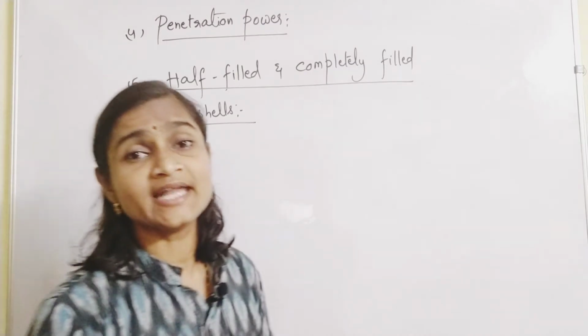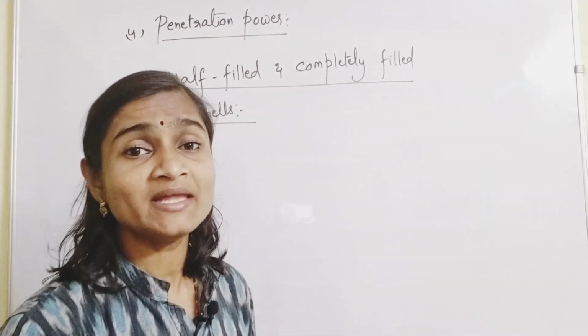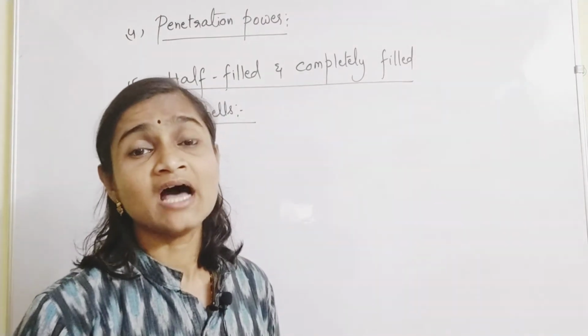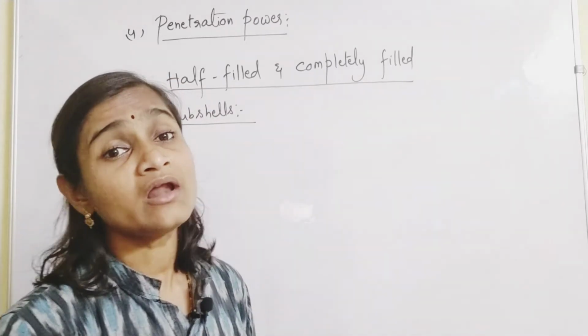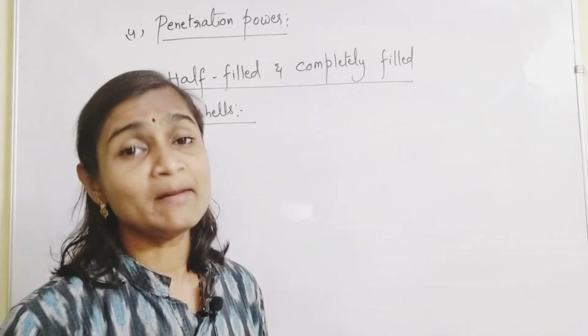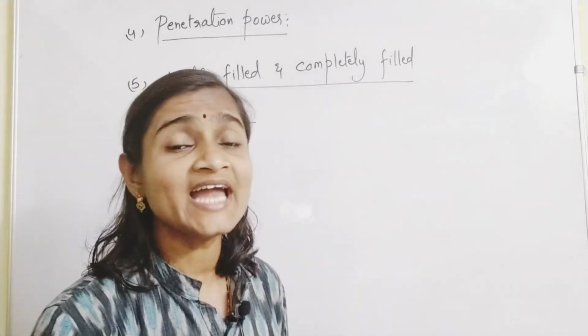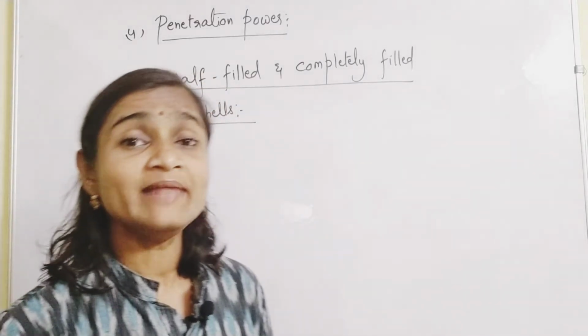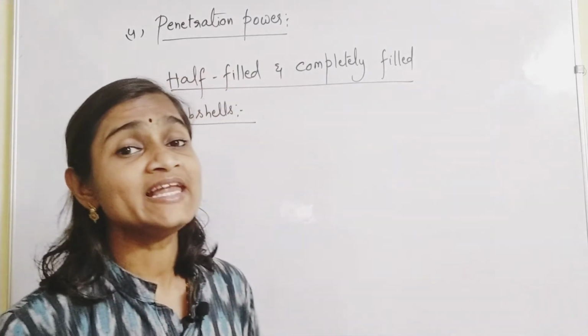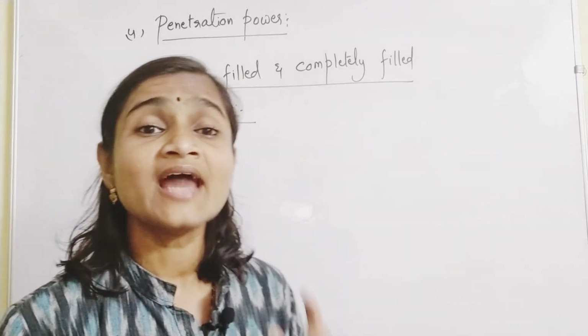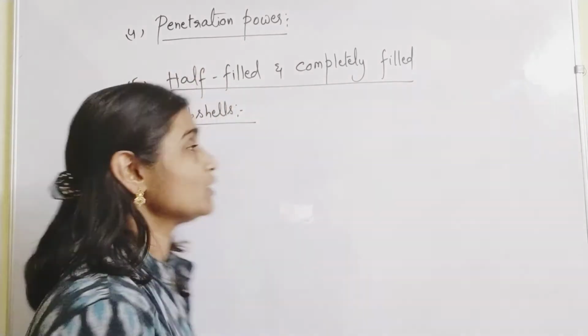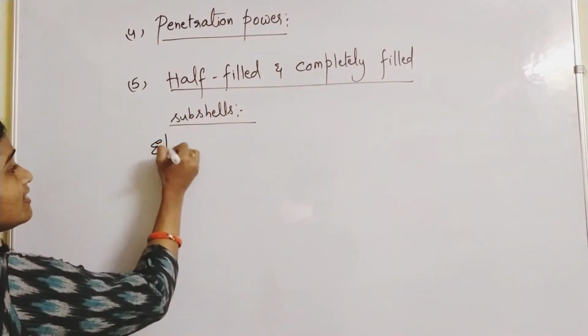We have learnt certain examples that in some of the elements the last orbitals are half filled, or in some elements they are completely filled. Elements with half filled and completely filled orbitals are highly stable.